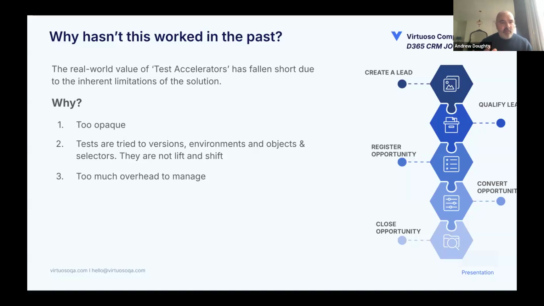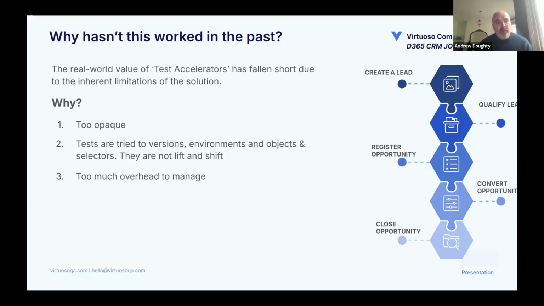Also, the test assets that are created were always limited and restricted to versions of software or the environments, or they were built using object repositories or deterministic selectors, all of which meant that scaling this was difficult. So they weren't able to truly build something lift and shift.